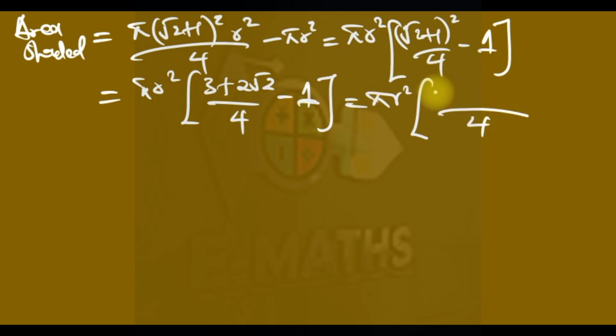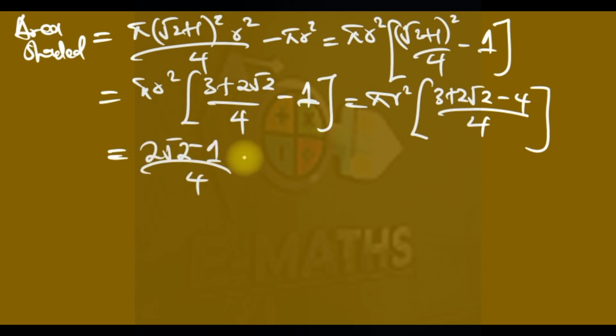The LCM is 4, so I have 3 plus 2 root 2 minus 4, which is equal to 2 root 2 minus 1 over 4 pi r squared.